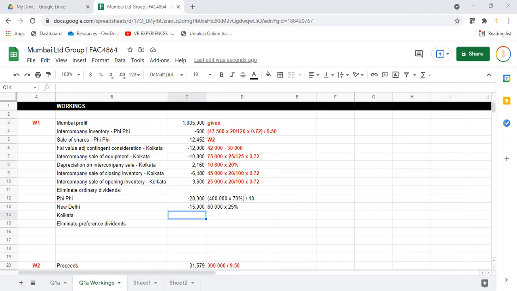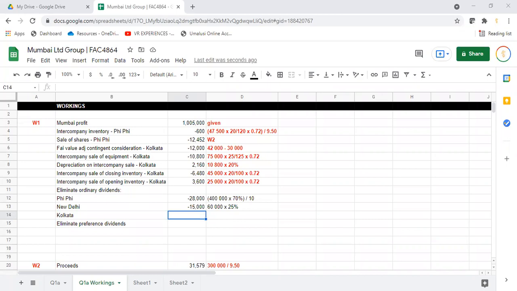At 31 August 2018, our interest in Kolkata was 80%.